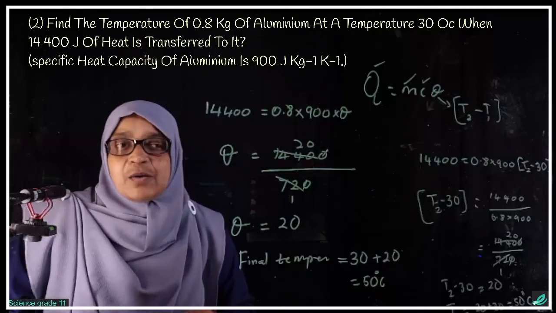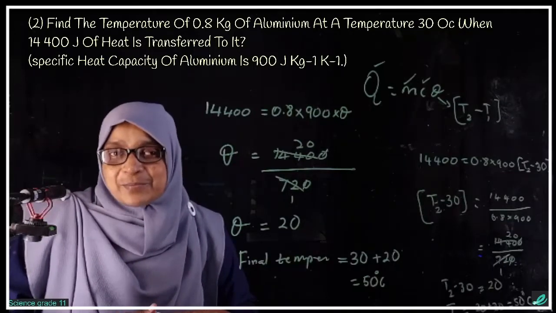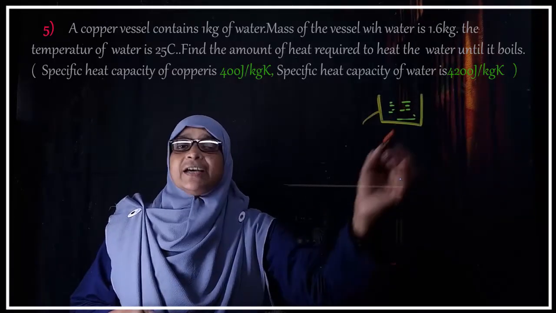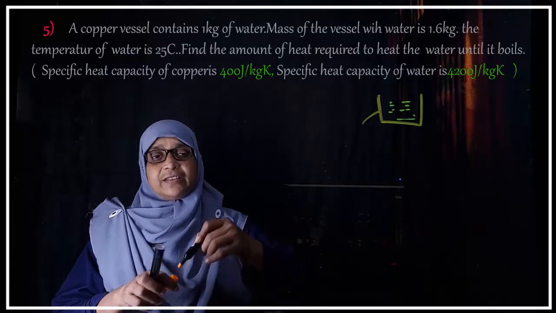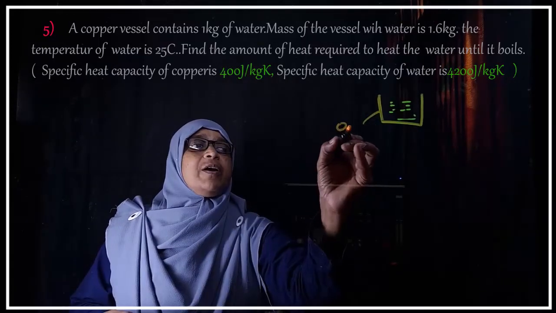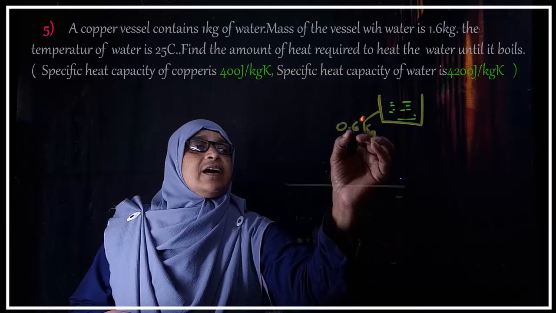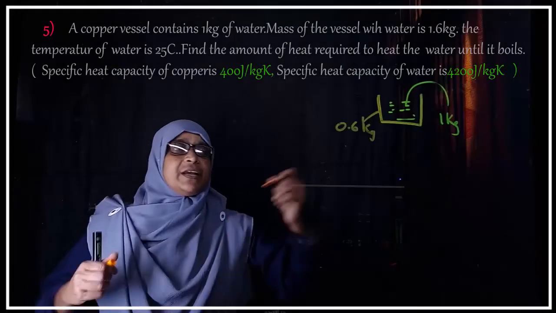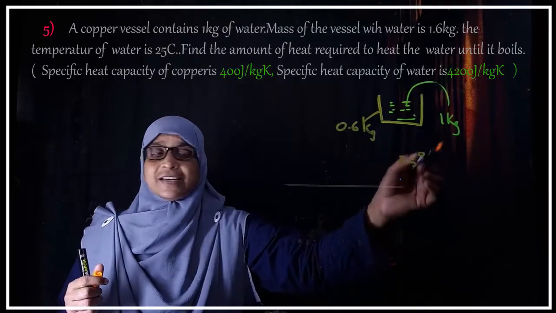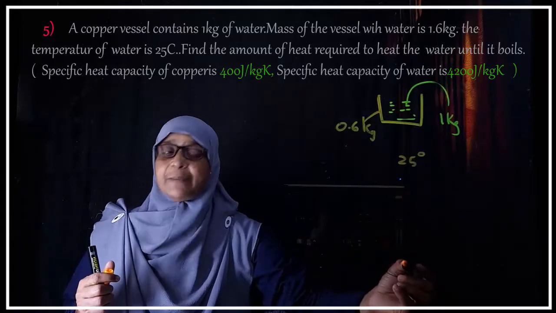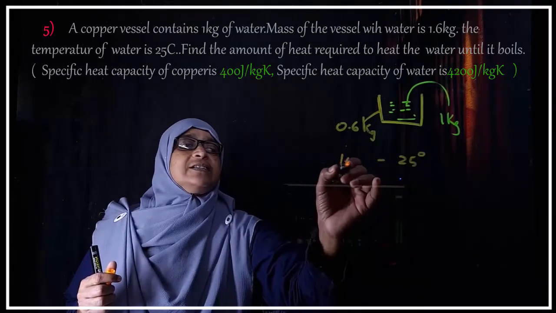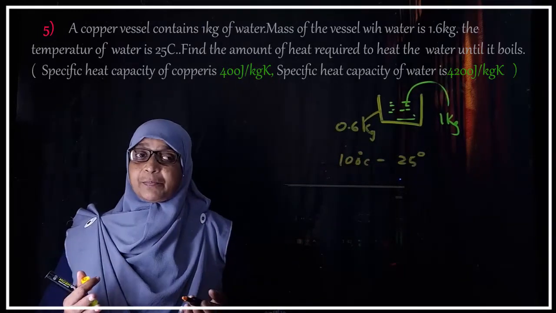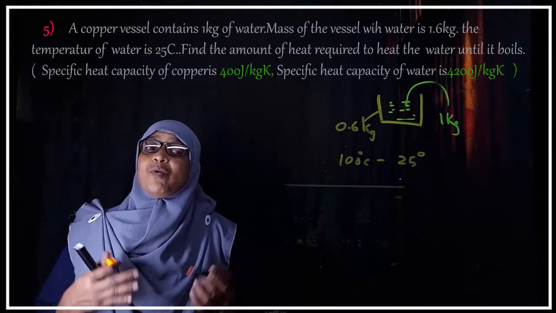Okay, children. Now let's do some advanced examples. In this case, both the vessel and the water heat up. So we have the mass of the vessel, 0.6 kg, and the mass of water, 1 kg. The initial temperature is 25 degrees Celsius and the final temperature is 100 degrees Celsius, as they have asked to increase the temperature up to boil the water.